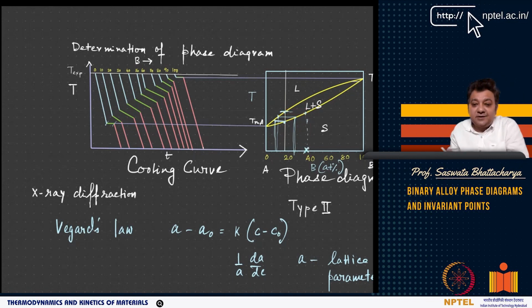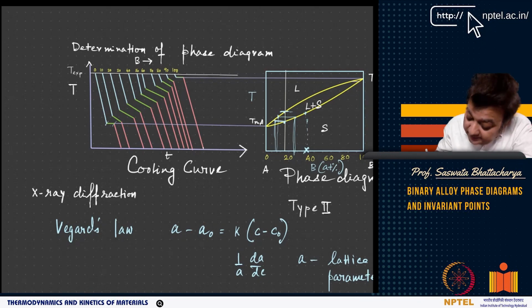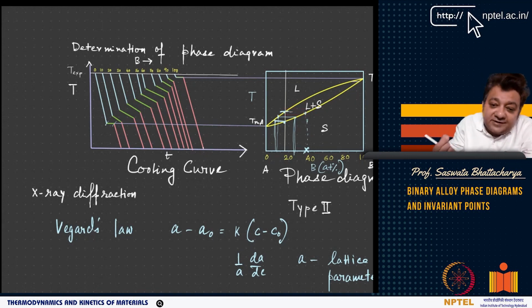Which will nucleate in the microstructure. The microstructure initially consists of entirely liquid. Now, at this point, you start getting nuclei of the solid phase.